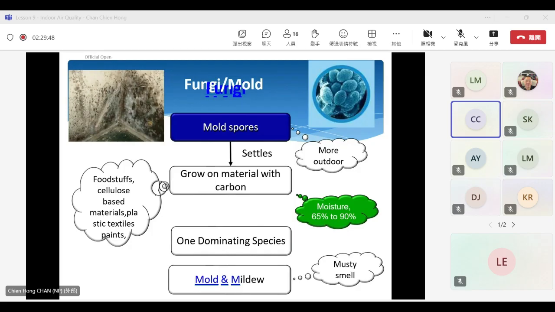Mold, as we have mentioned earlier, is a very common problem that we need to face. They grow on materials that are wet, and it creates the musty smell and very unsightly patches.